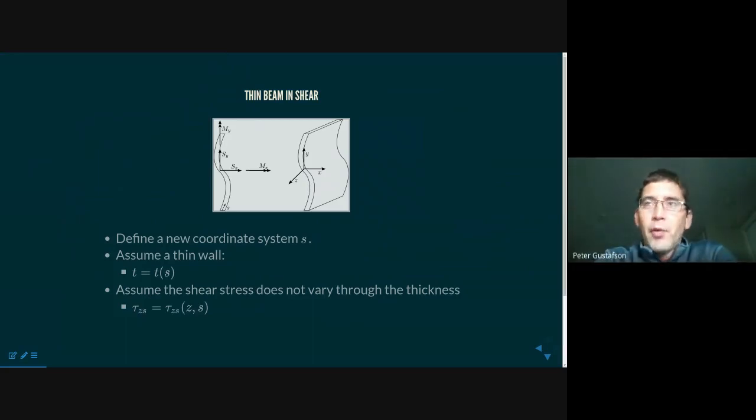A beam in general has one geometric feature, its length, that is much greater than the in-plane cross-sectional dimensions. So really, it's longer in one dimension than the other two.